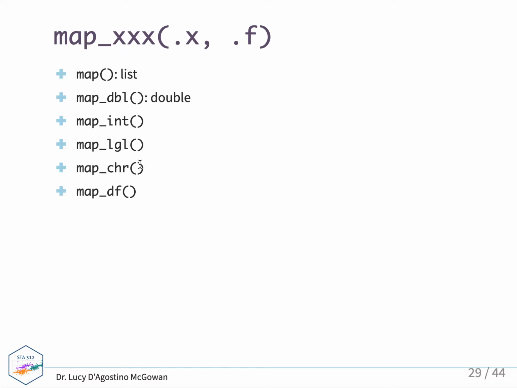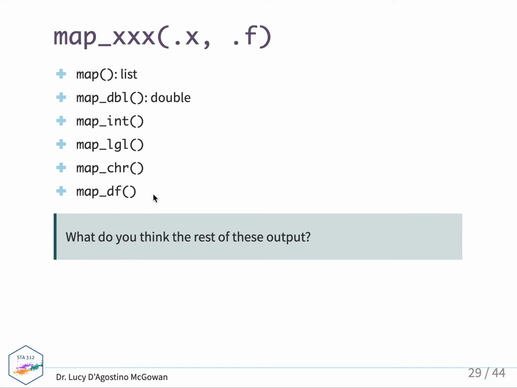Here are all of the different potential ones that you could use. The default for a plain map is a list. map_dbl outputs a double. You can try to guess what each of these other pieces are: map_int, lgl, chr, and df. Int outputs an integer, lgl a logical vector, chr a character vector, and df a data frame.